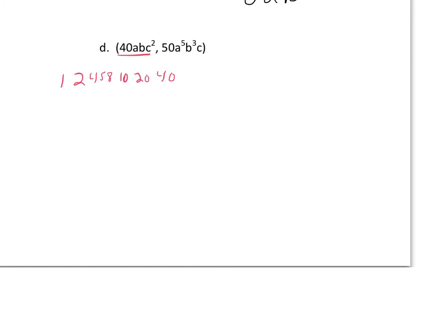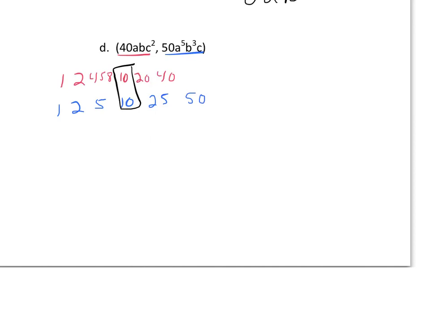Pretty tight there, sorry about that. And the next one, 1 and 50, 2 and 25, and 5 and 10. So I'm looking at those numbers. What's the largest number that goes into both of those? That would be 10. That's the largest number on both lists.